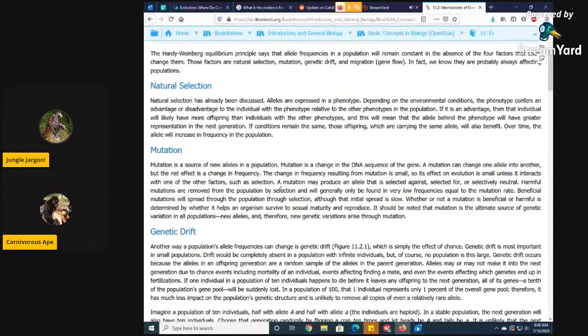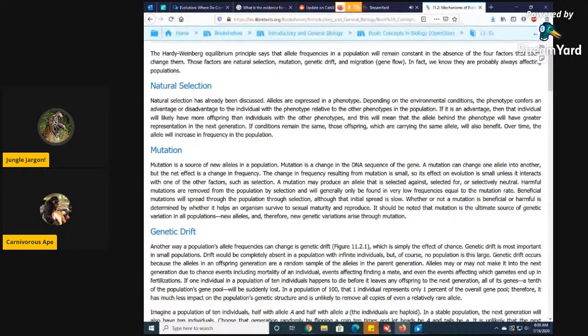Okay, a mutation may produce an allele that is selected against, selected for, or selectively neutral. Harmful mutations are removed from the population by selection and will generally only be found in very low frequencies equal to the mutation rate. Beneficial mutations will spread through the population through selection, although that initial spread is slow.